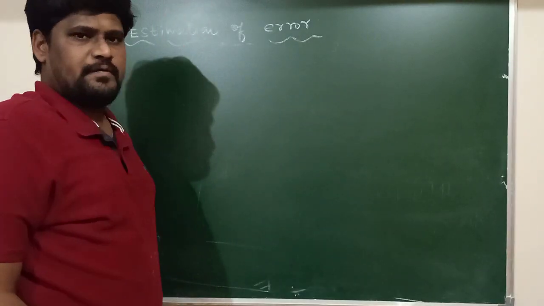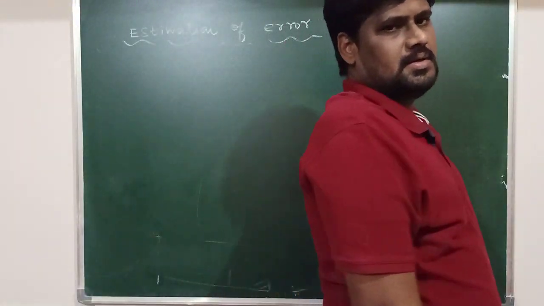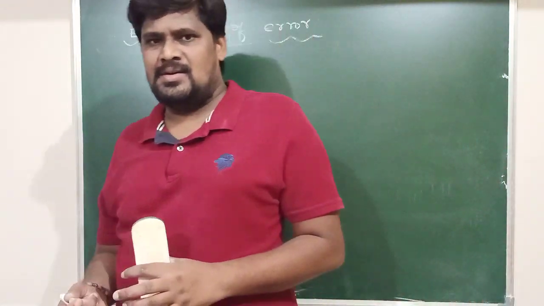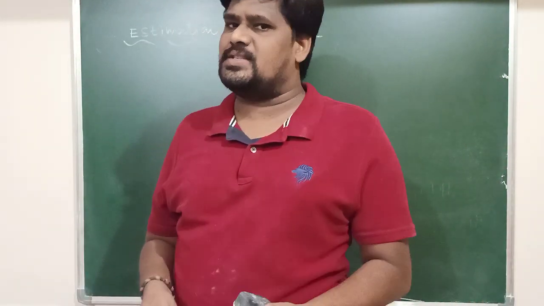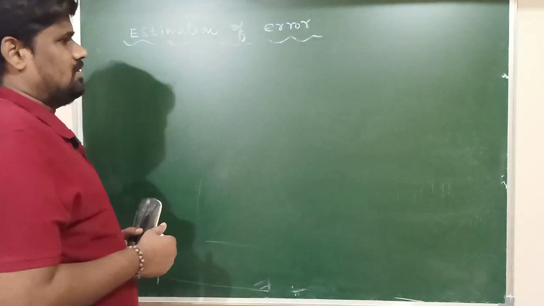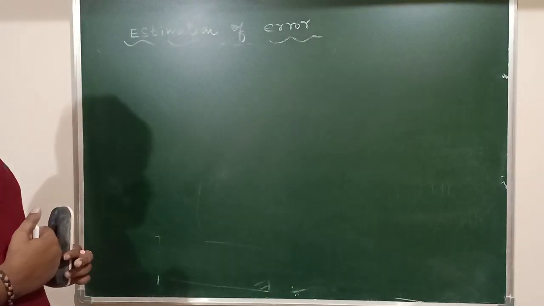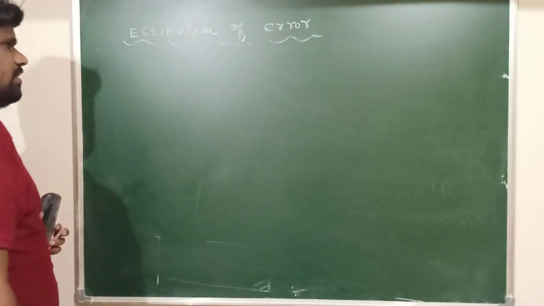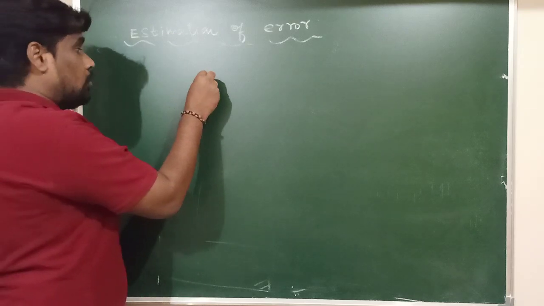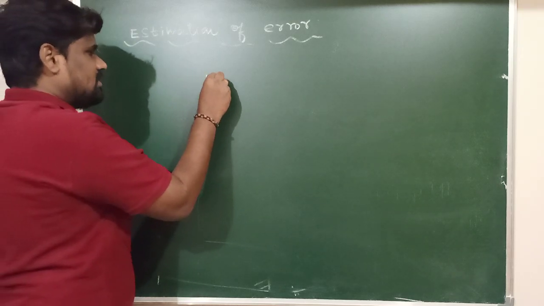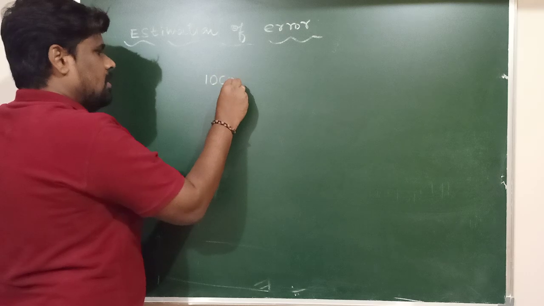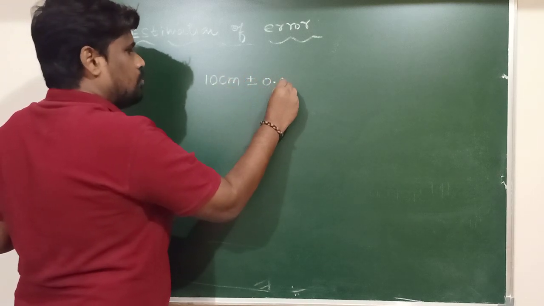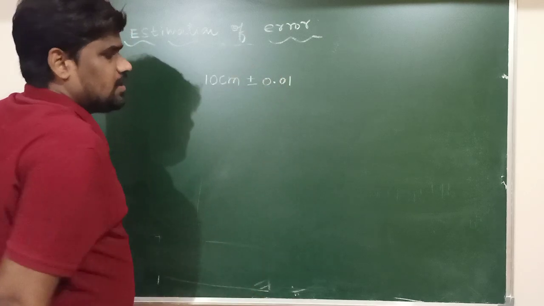I guess you are all perfect in the types of errors. Generally the errors are classified into absolute error, relative error and percentage of error. Suppose you are asked to measure the length of an object, and you report the answer as, for example, 10 centimeter plus or minus 0.01 centimeter.